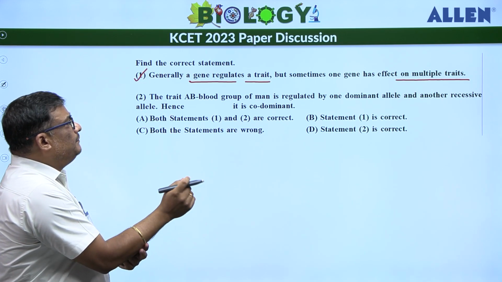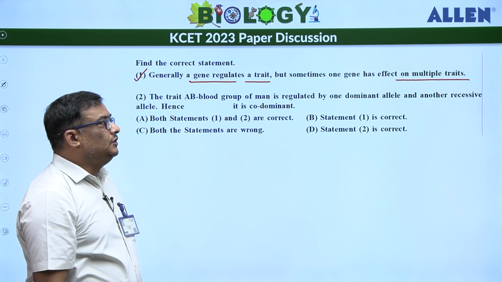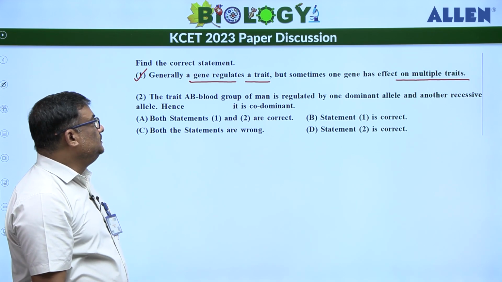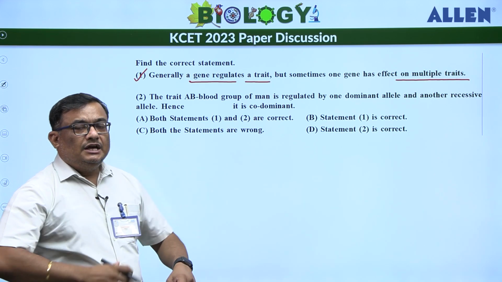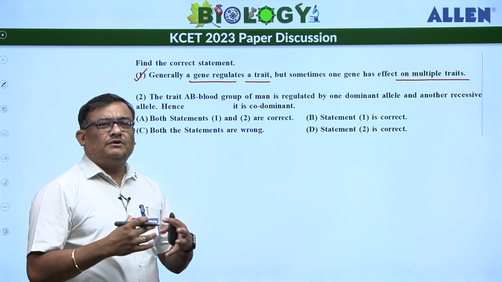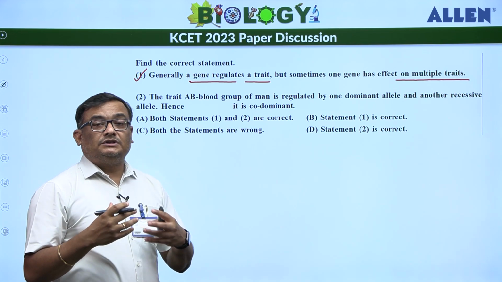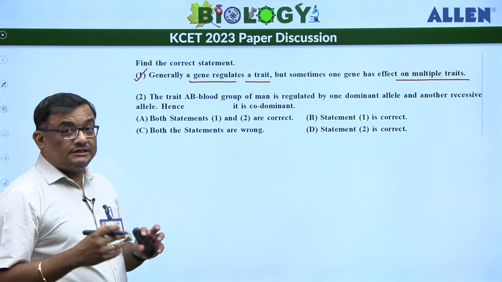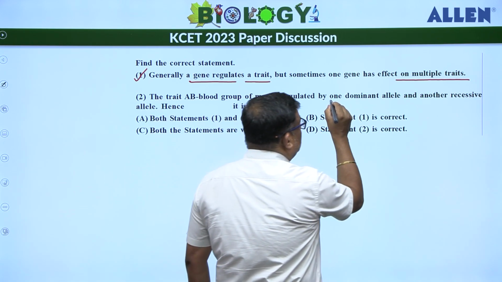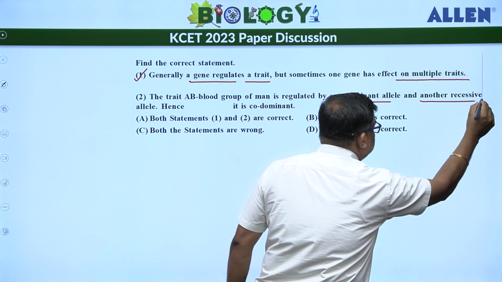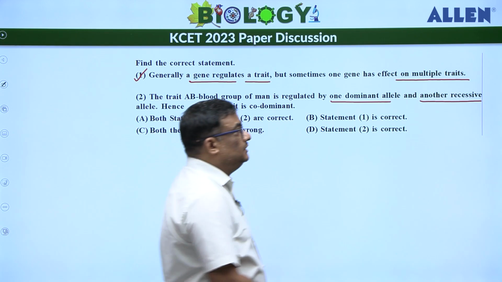The trait AB blood group of a man is regulated by one dominant allele and other recessive allele, hence it is codominant. See, if you read in a flow, it will give you a feeling that okay, there was some concept of codominant. Codominant is correct, but one dominant allele, another recessive, this word recessive is wrong actually here.